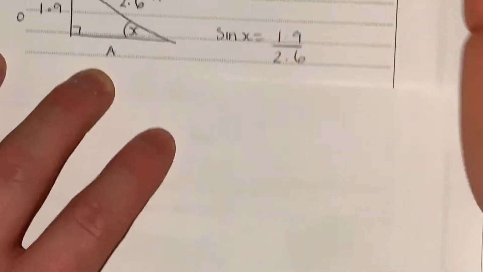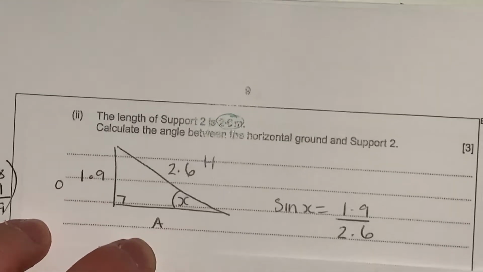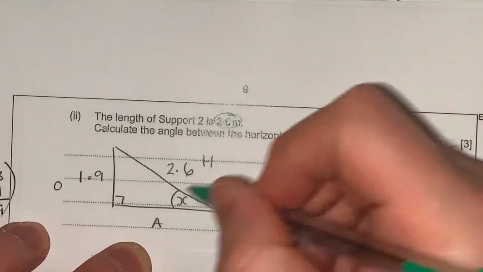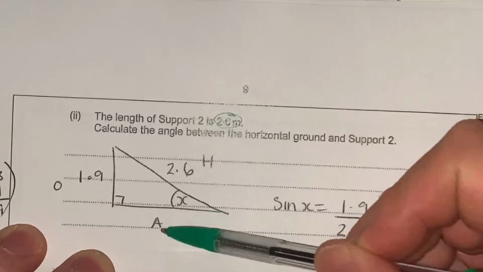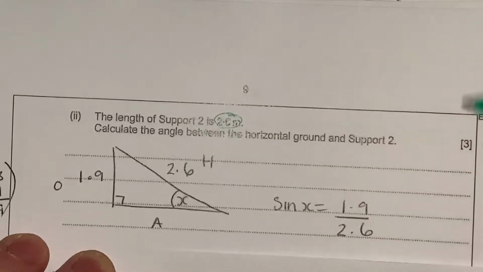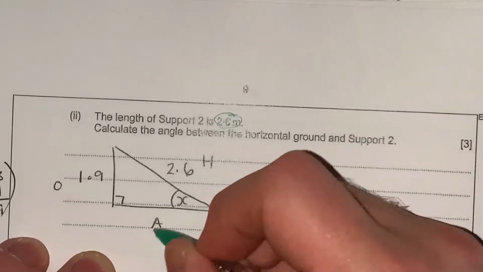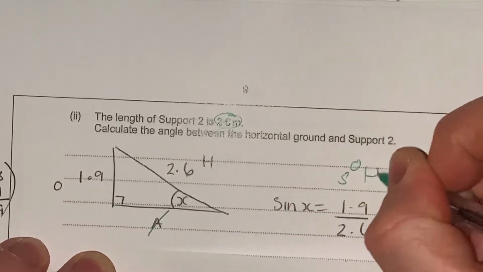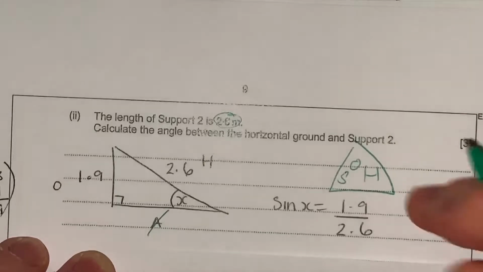We know we need to find the angle. It tells us the support is 2.6. Now it's just about labeling it, so opposite, hypotenuse, adjacent, and then deciding which one from SOHCAHTOA we need to use. If you're ignoring A, you need O and H, which is obviously going to be SO.